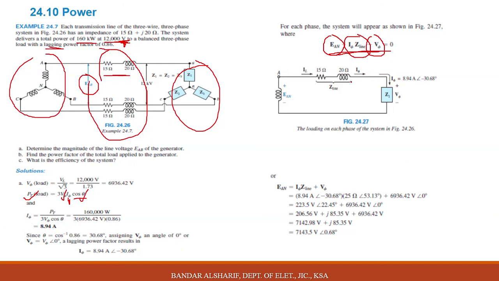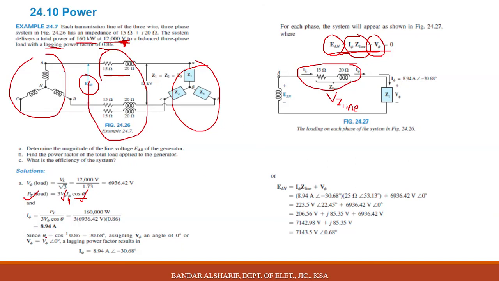Now we got the I phase, which is I line, the current going through this impedance. If we multiply the current by this impedance, you will get the voltage across Z line. If we add this voltage and this voltage phase, you will get V phase in the generator.